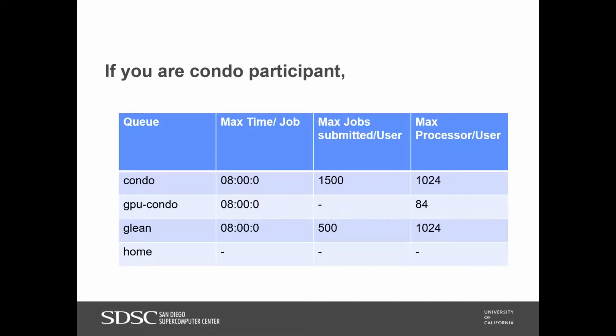Also, if you are condo users, you have more queues that you have access to, especially your home queue. You may find that the limits on your home queue are much less than on other queues.